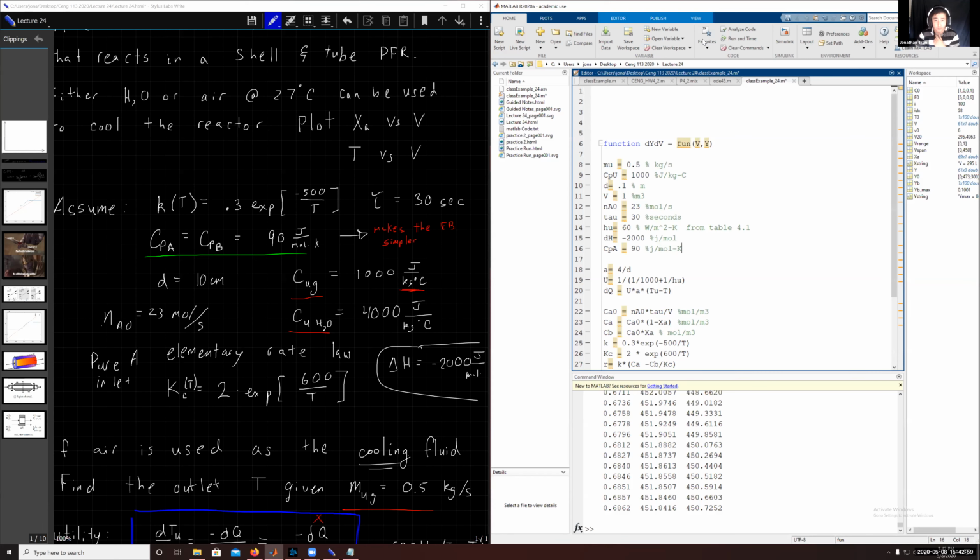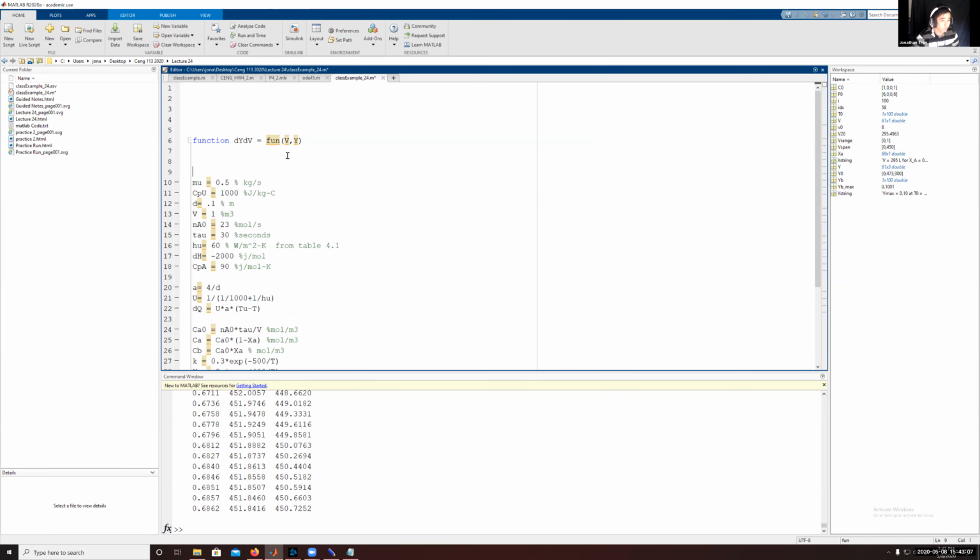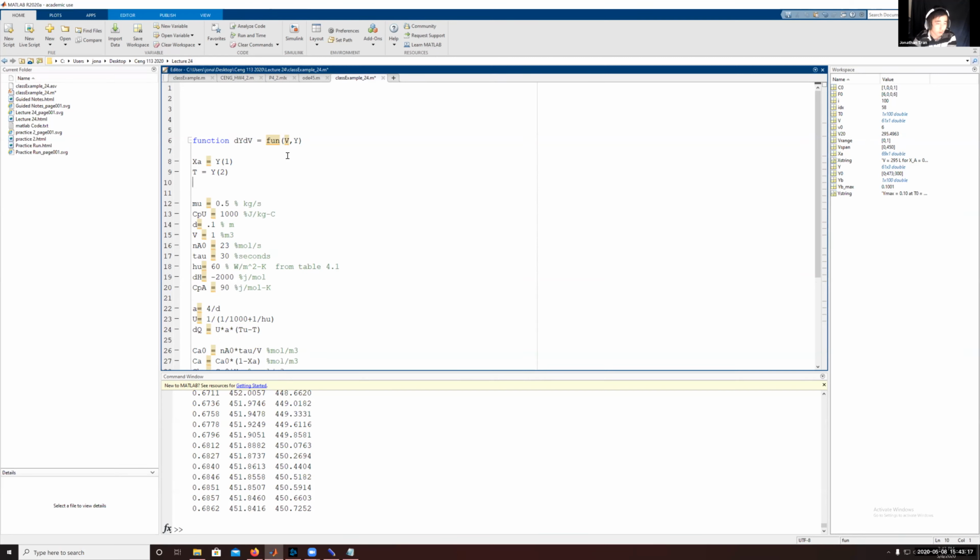Now the only thing we need to do, I'm going to enlarge this, is we need to define the plot and the rest of the code and the inputs. So once we have this, we can say that XA is equal to Y of 1, T is equal to Y of 2, and TU, our three inputs are going to be Y1, Y2, and Y3 respectively. Here we can define Y as equal to our three guesses.